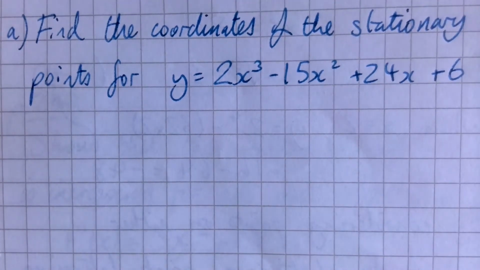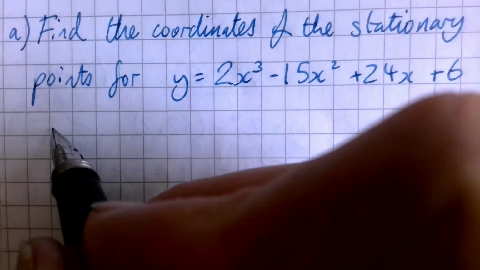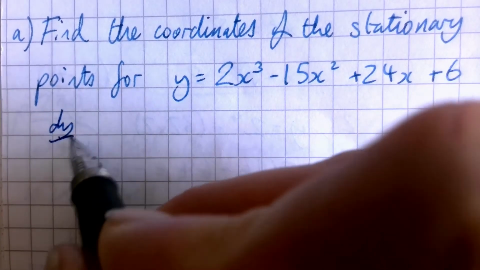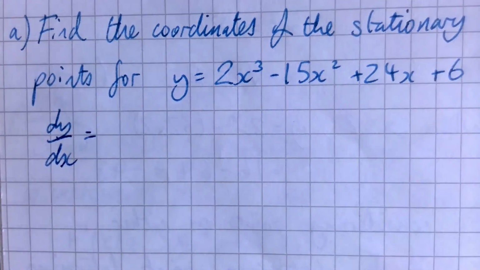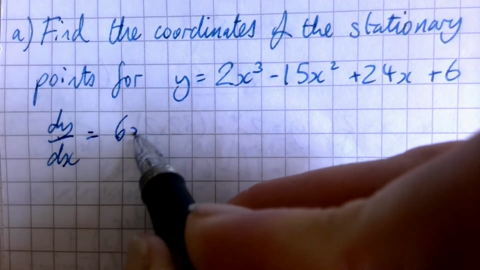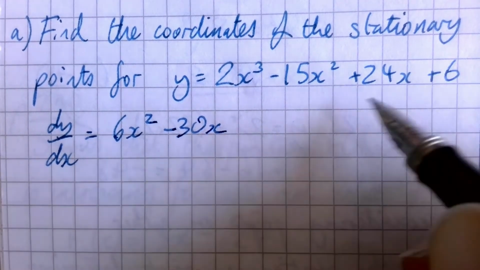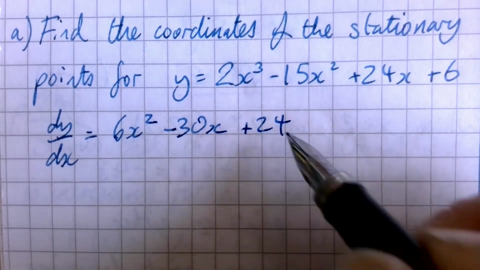Okay, next example, first part: find the coordinates of the stationary points for y equals 2x cubed minus 15x squared plus 24x plus 6. Pause the video, give it a go. Alright, so what you should then have is, you find the derivative first of all, which should give you 6x squared minus 30x plus 24.